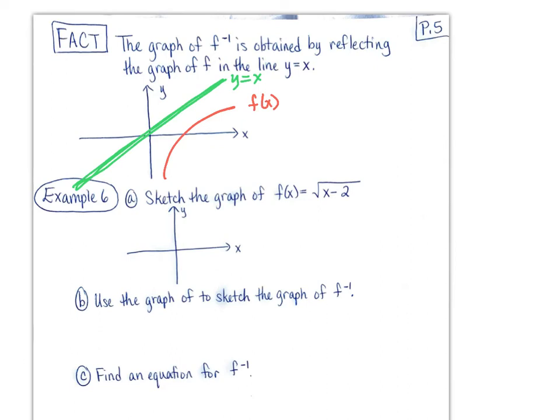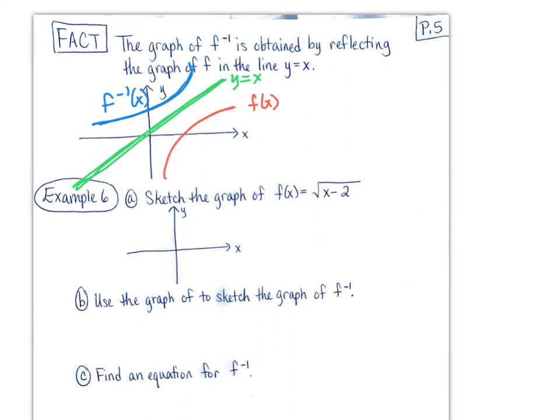So that's your line y equals x. Reflecting that graph, reflecting the red part, gives us that. So this would be f inverse of x.